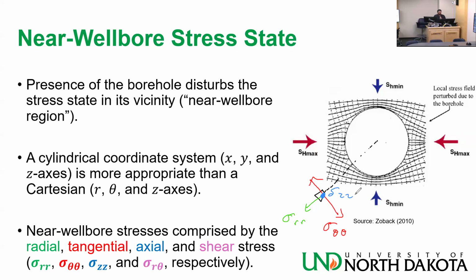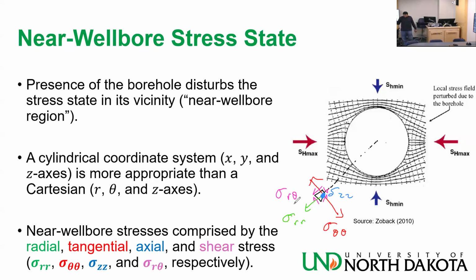That would be the axial stress, sigma ZZ. And then with the pink, I will use a different kind of arrow. This will be sigma R theta, the shear stress.